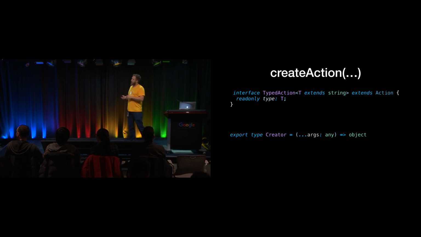OK. Next, we have something that's called a creator. Creator is a function. Again, this is very oversimplified, but basically it's a function that takes any arguments and returns some kind of object. And if you were using NgRx before version 8, you might remember how hard it was to connect the dots where the actions are created, because we used to use the class-based ones. So we were newing those classes where we were dispatching those actions.